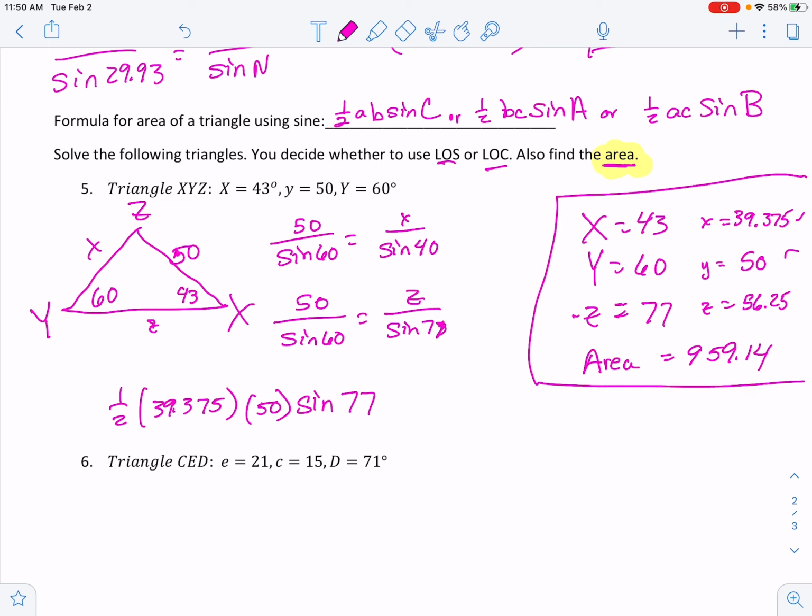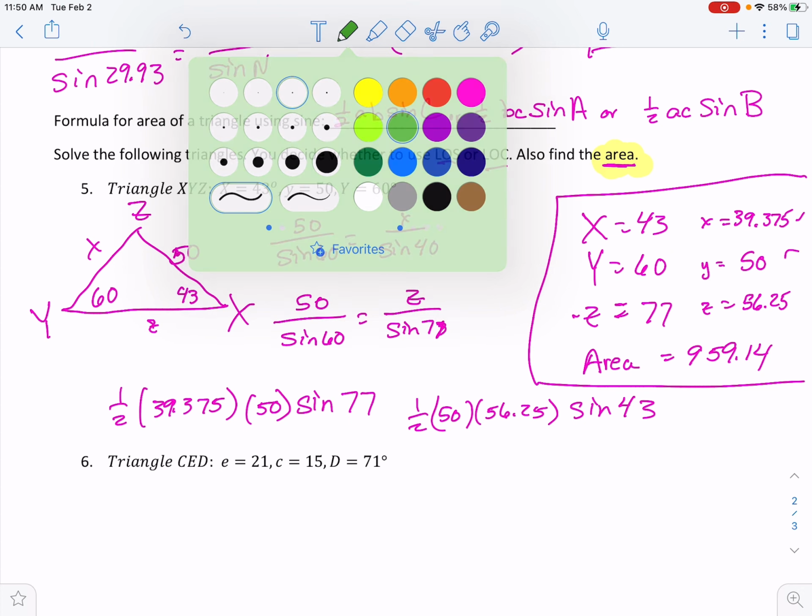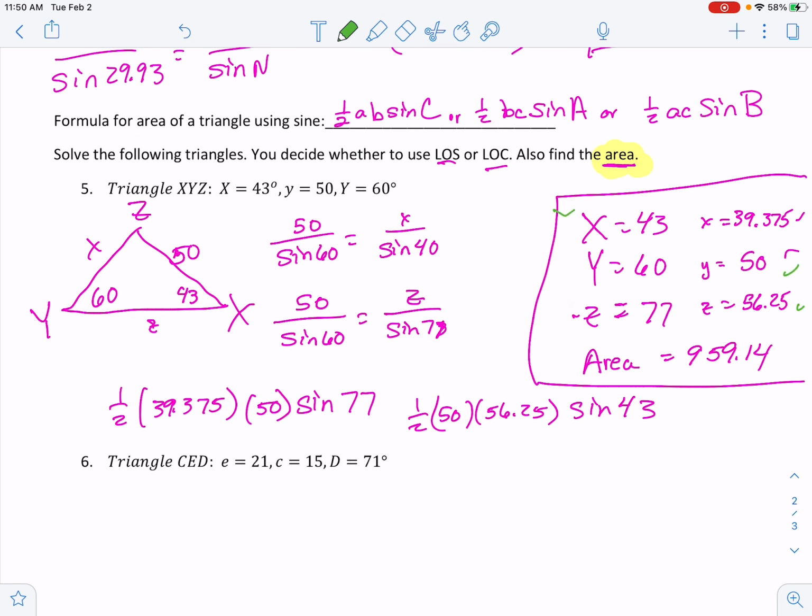But I could have done 1/2 times 50 times 56.25 times the sine of 43. I use this one and this one. Two sides and an included angle.